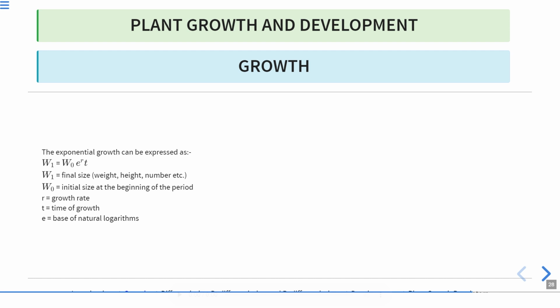So whatever you are taking into consideration, the parameter, whether you have taken weight or height or number, that is the W1, the final size.